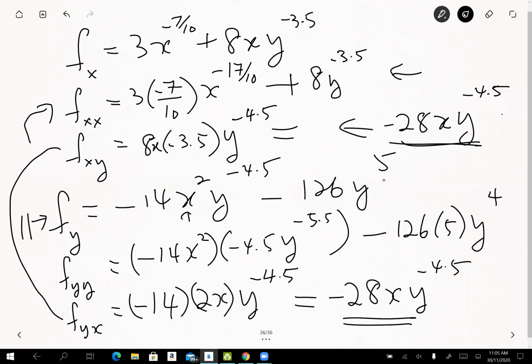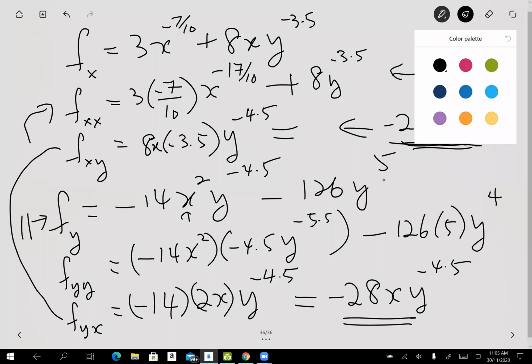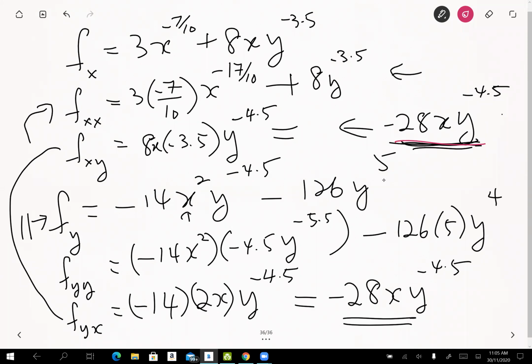So you have to do it both ways and make sure we have them the same. If they are equal, then our second partials are all correct. So fxy must equal fyx. Any question? All right. So that is good.